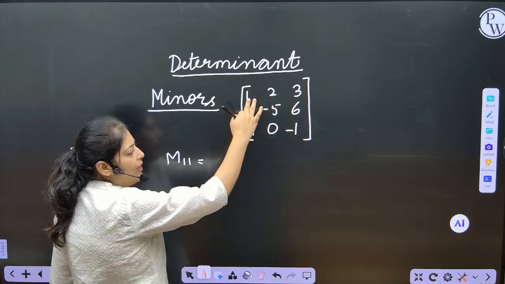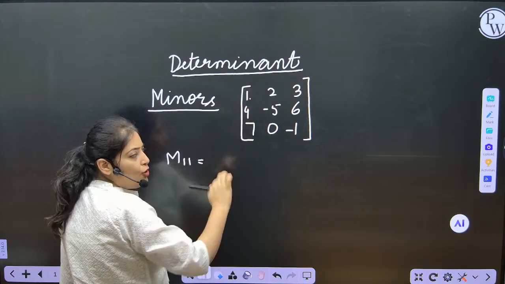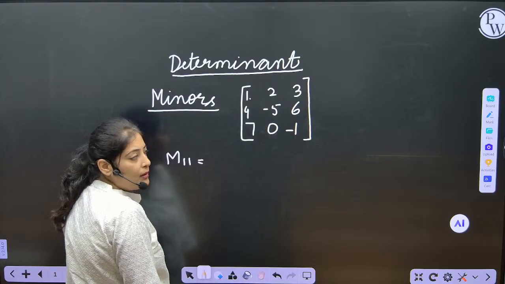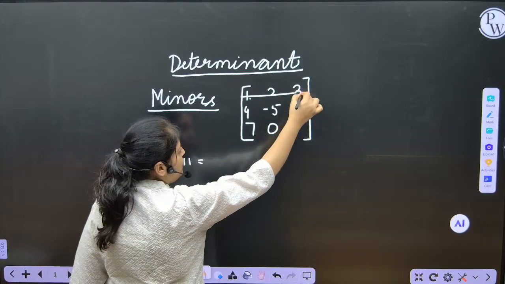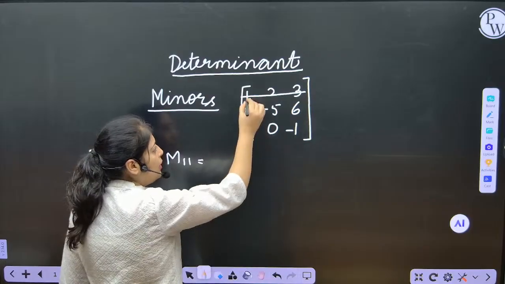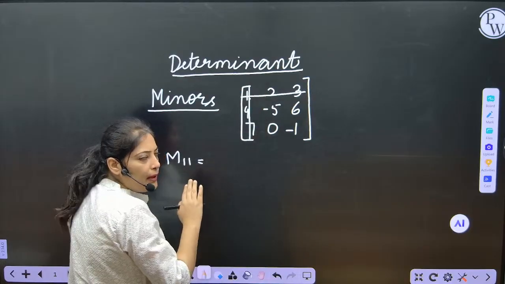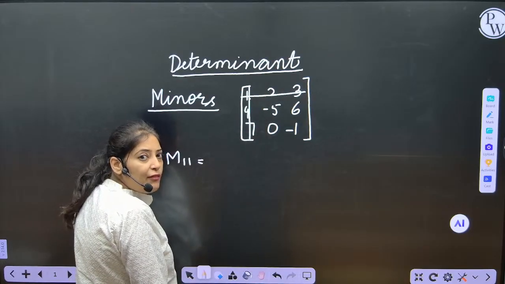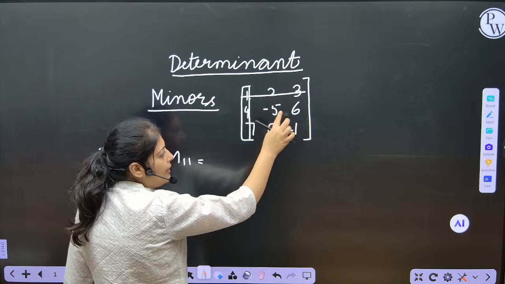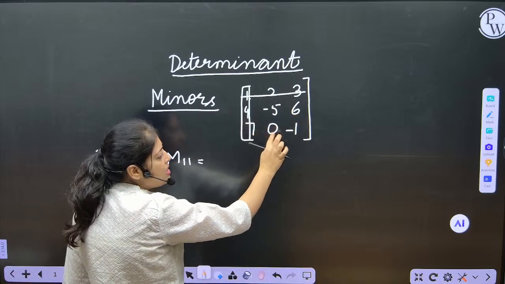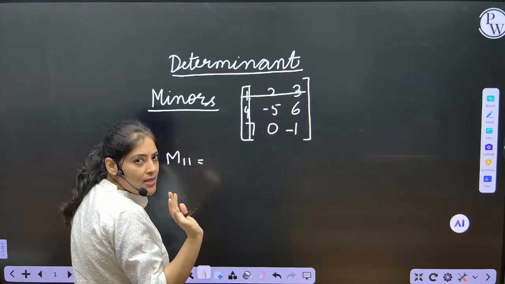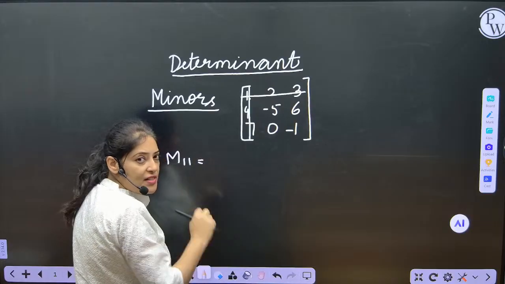Now, M11 means first row, first column element. Leave them. Which numbers are left? Minus 5, 6, 0 and minus 1. These four numbers are left. We will find its determinant.